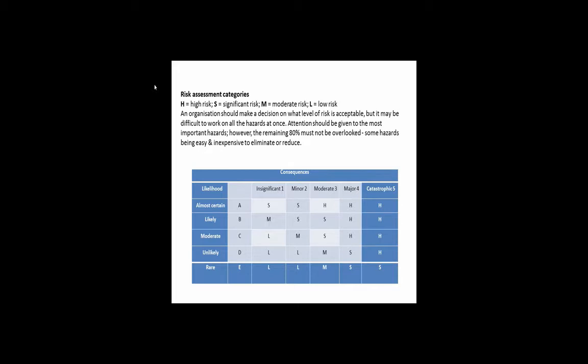But the remaining 80% are often the ones where it's really important that we focus as well, because very often there's really inexpensive controls which can be put in place, or the hazards are relatively easy to eliminate. If we manage those, we don't end up with these major or catastrophic incidences occurring. So yes, we need to focus on the big ones, but we really need to focus on the minor or moderate ones as well.